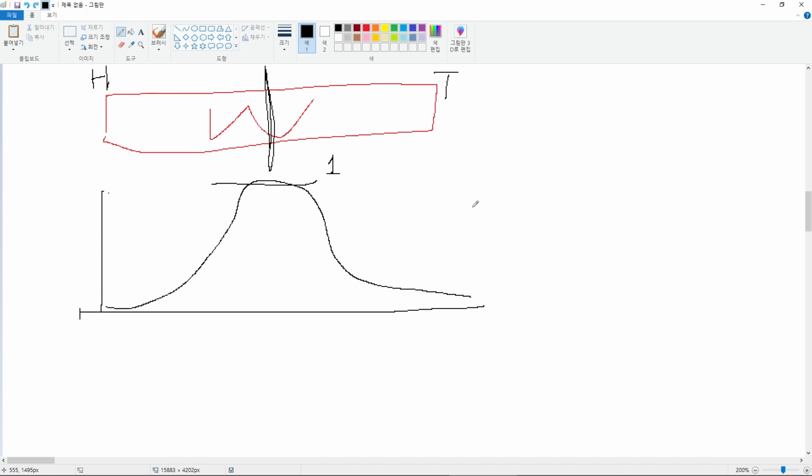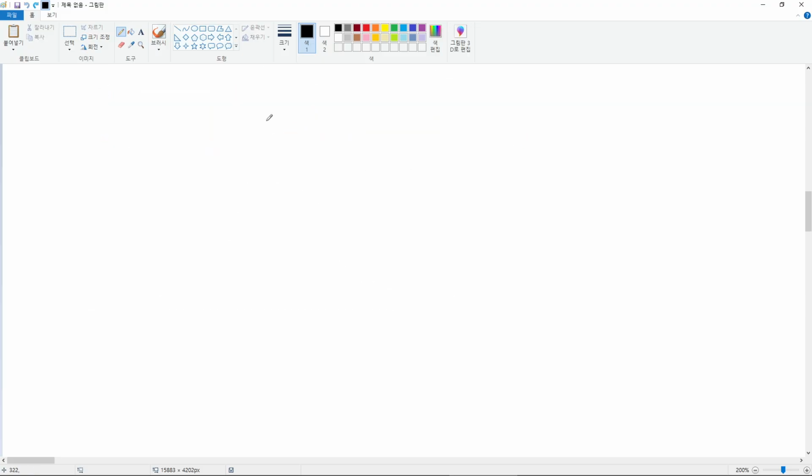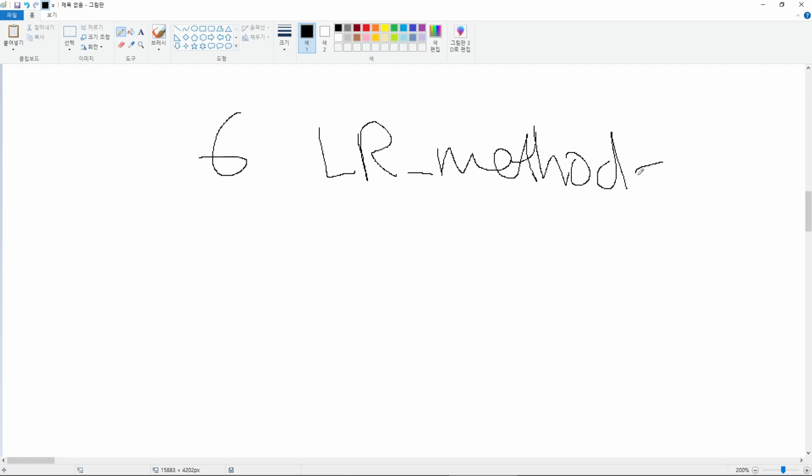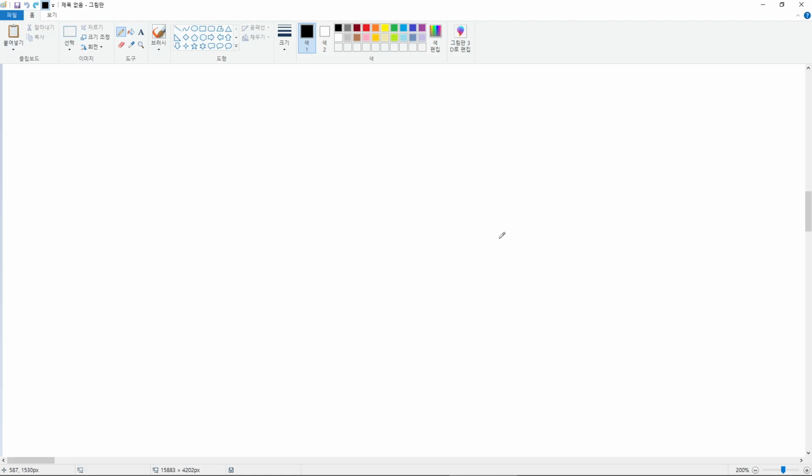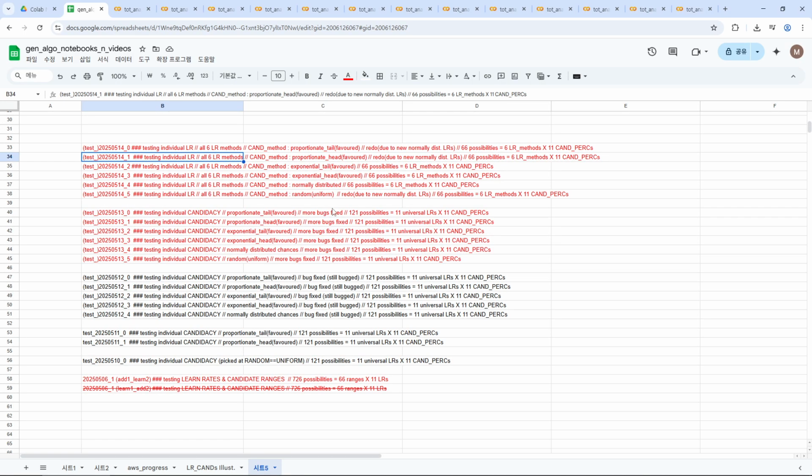So I've just explained 6 learn rate methods, and plus, if the learn rates are fixed, then I might call it learn rate universal, as in the method is universal because they're fixed. So 6 plus universal, that's all you have to remember.